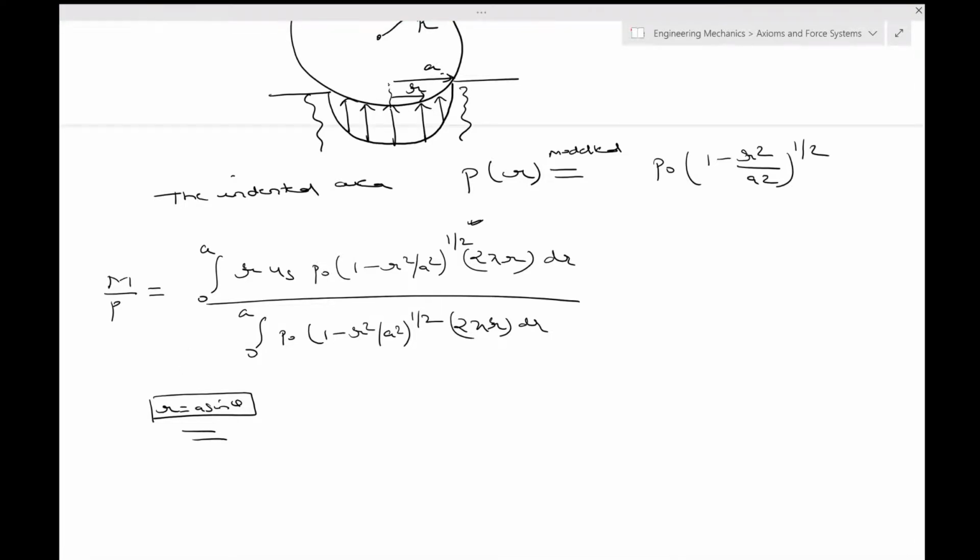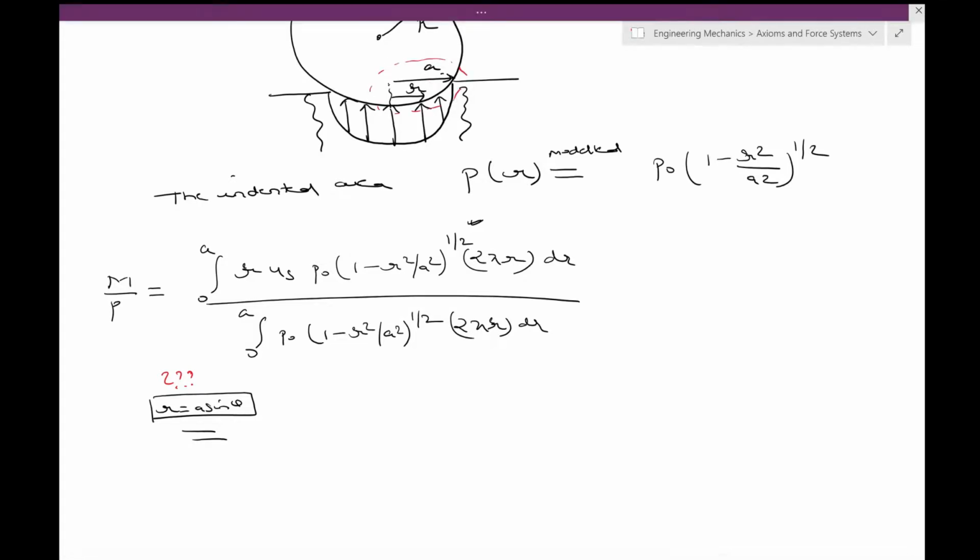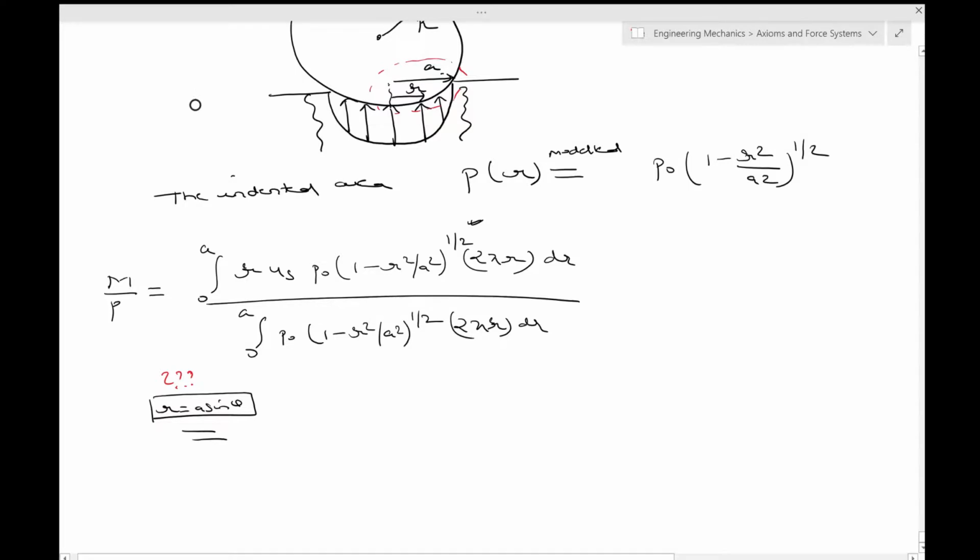I think you have to draw an appropriate triangle. Think of a triangle, think about this area. So once you do this substitution, let me just write the final expression. This should become 3 pi by 16 mu s into A. This is equation 6.